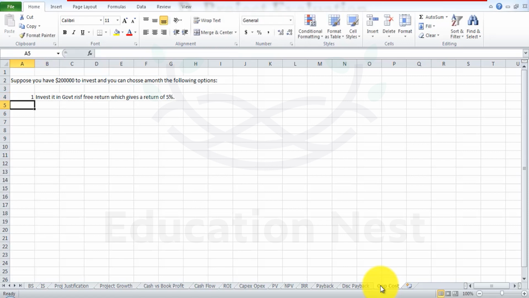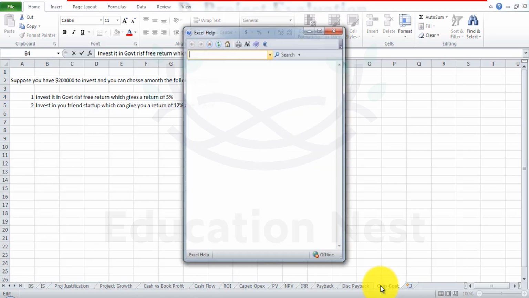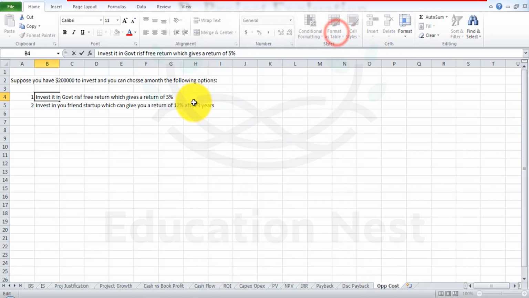The other is that your friend has approached you to invest in his startup, which can give you a return of 12% per annum for 3 years. You invest for 3 years in both cases.